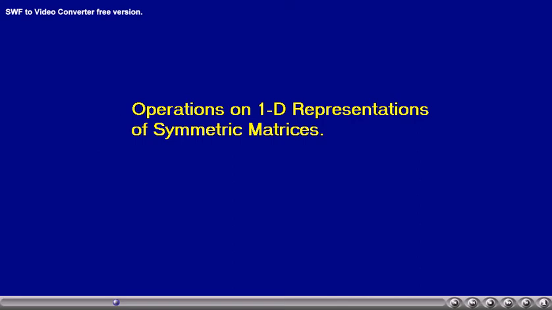We need not convert the 1D array to a 2D array and then add in the 2D system, then again store in the 1D fashion, etc. Simply we know that if we add two symmetric matrices, the resultant is also a symmetric matrix. Just simply we add the 1D representations of both the matrices element by element.